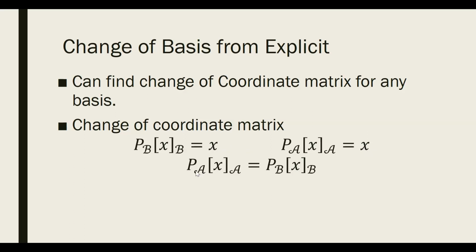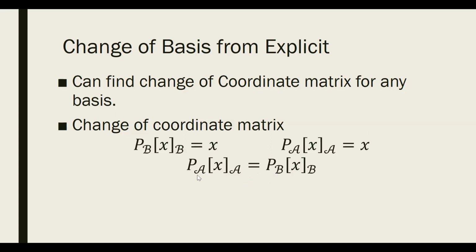And so what we have here, we can substitute this x for this product, or substitute this x for this product. And what we can see is that we can change the bases from A to B or from B to A using this equation.